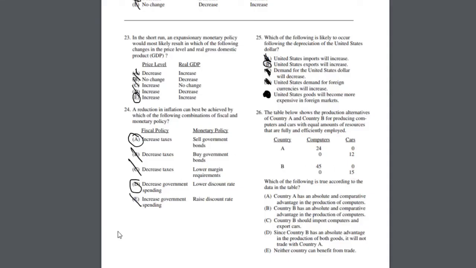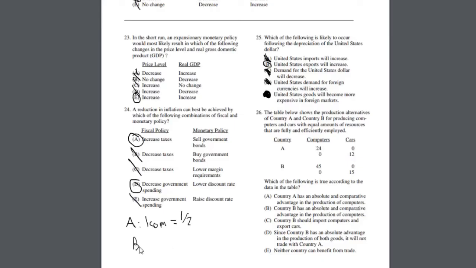So country A, for every one computer, they give up 1/2 of a car. Because you have 24 here and 12. So if you divide 24 by 24, you get 1. Divide 12 by 24, you get 1/2.